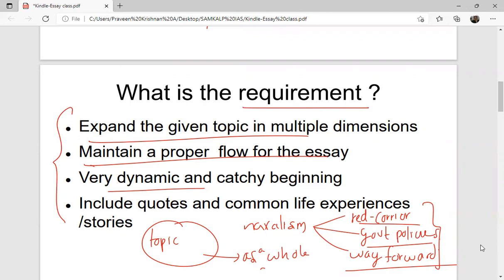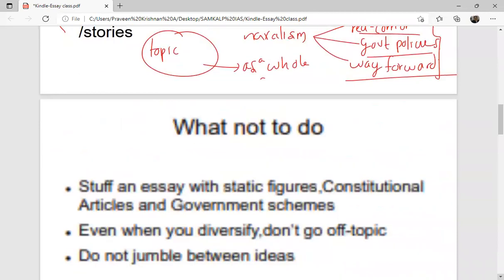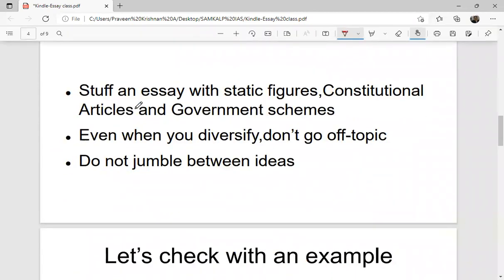Now I'll also discuss what is actually not needed in an essay, or what is not expected from you. Diametrically opposite to the points that we have discussed, I already pointed out that we need a lot of quotes, life experience, etc. But we should be very careful that you don't include a lot of static figures, articles, and government schemes in an essay.